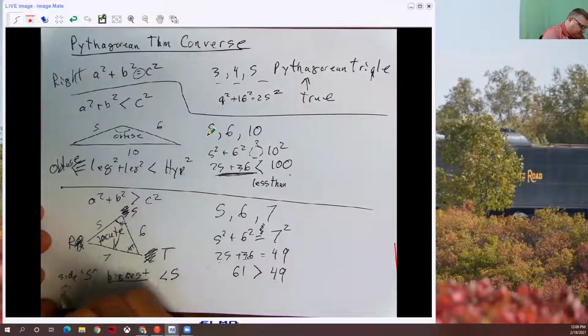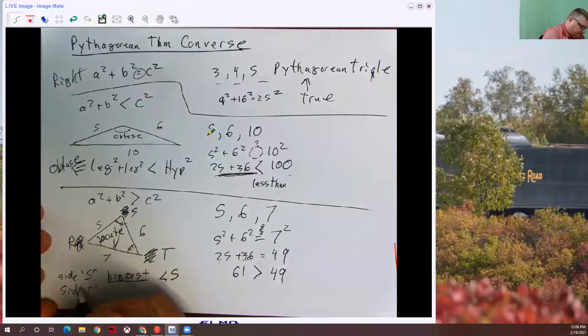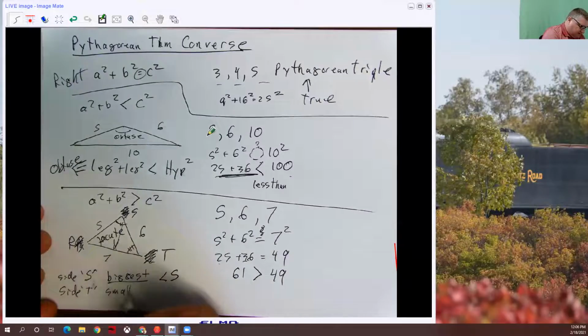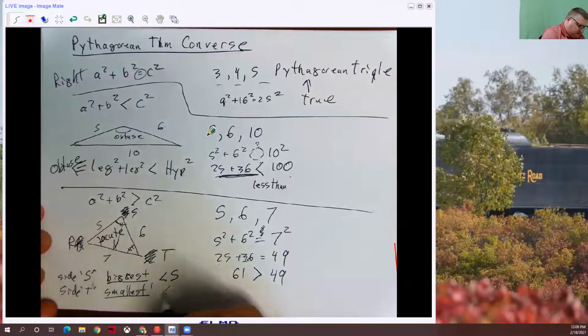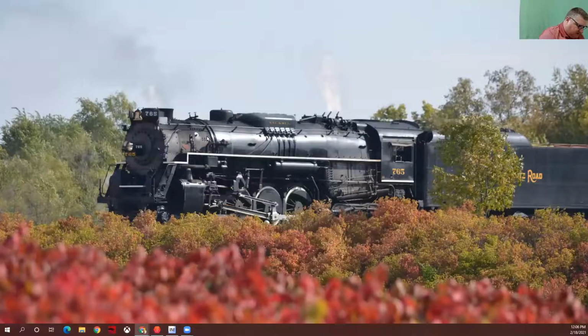Then the smallest side would be side T, because it is across from angle T, and that's going to be the smallest angle. So biggest side across from biggest angle, smallest side across from smallest angle, and vice versa.